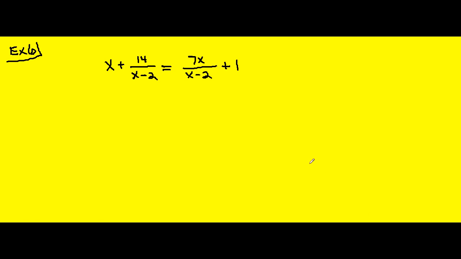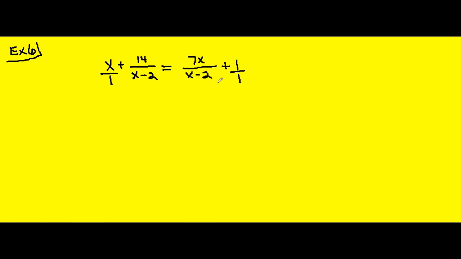Okay. 2 more examples to go. And here I've got x minus 2, so I can put this term here over 1 and this 1 over 1 as a way of filling in that denominator and being a little clearer, saying that I need x minus 2's in these positions here.